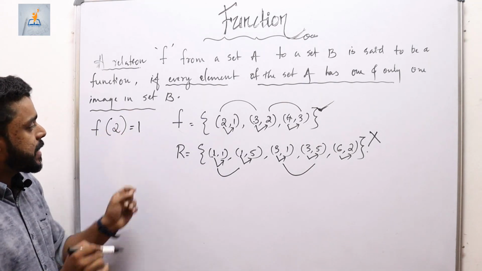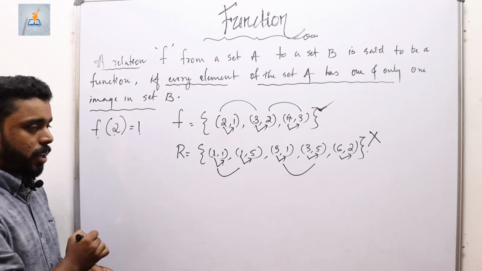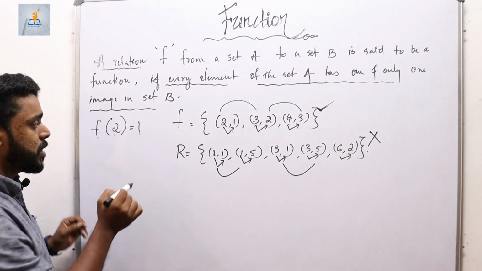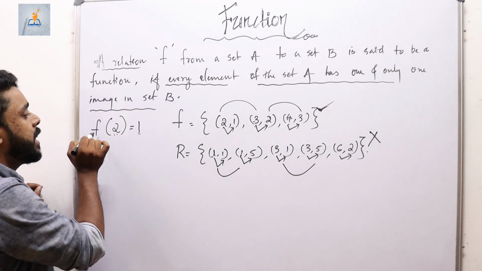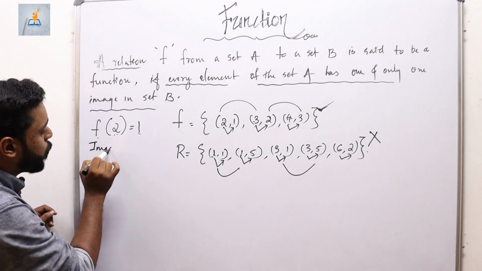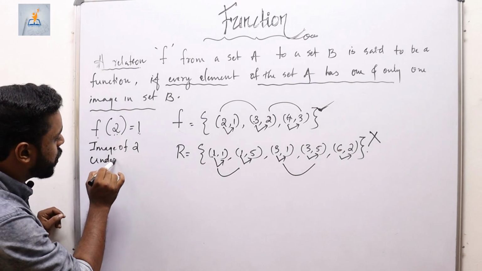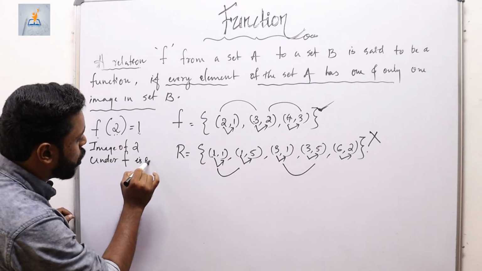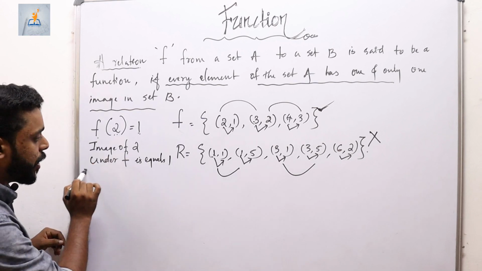It means that the image of 2 under f is 1, or we can say like this also, 2 is the pre-image of 1 under f. We can read it as the image of 2 under f is equal to 1, or we can read it another way also.